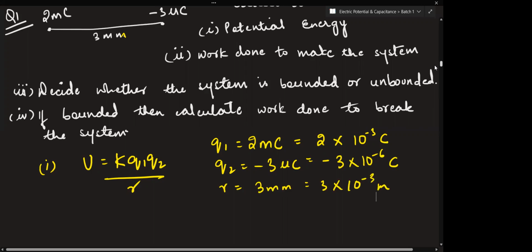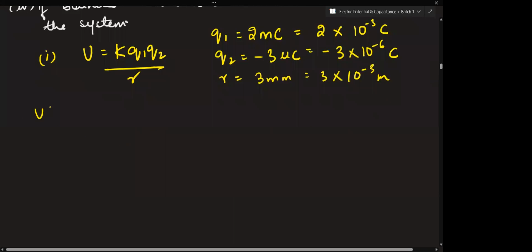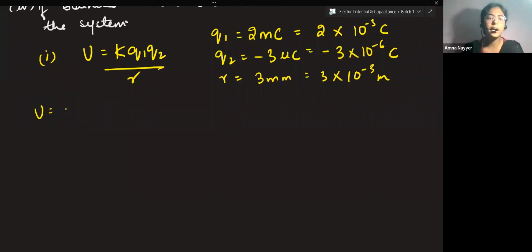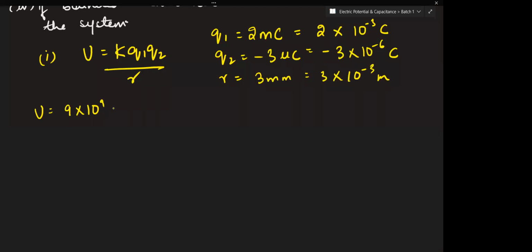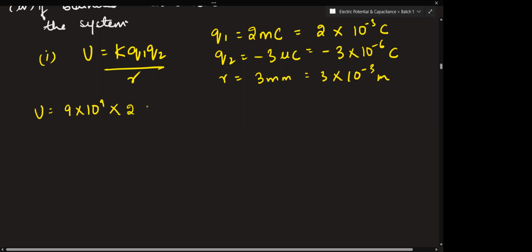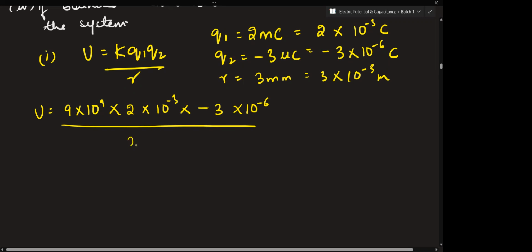Now let us put it in this formula. U is equal to K, which is 9 into 10 to the power 9, multiplied by Q1, which is 2 into 10 to the power minus 3, multiplied by Q2, which is minus 3 into 10 to the power minus 6, divided by the separation between the two charges, 3 into 10 to the power minus 3.